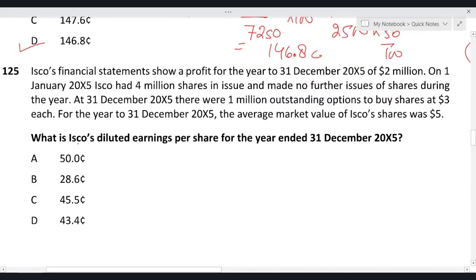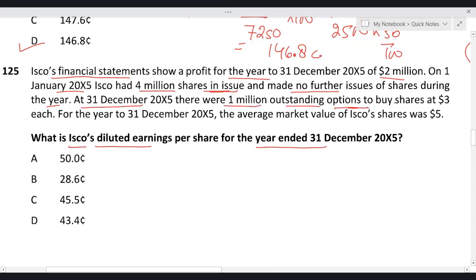Now, what is ISCO's diluted EPS per share for the year ended December X5? ISCO's financial statements show a profit for the year ended December X5 of 2 million. On 1st January X5, ISCO had 4 million shares in issue and made no further issue of shares during the year. At December X5, there were 1 million outstanding share options.